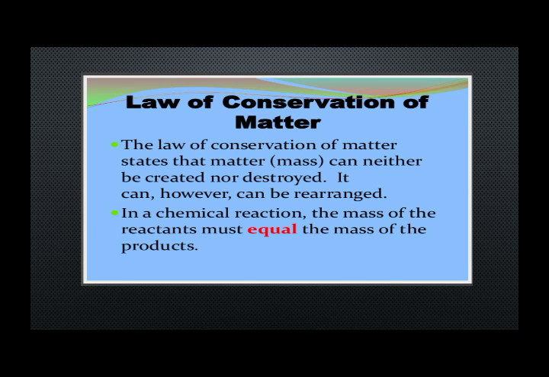Now here is one more important thing in front of you, the law of conservation of mass, or we can also say the law of conservation of matter. Basically this law tells us about every chemical reaction that mass can neither be created nor destroyed, but it can be transferred from one form to another.